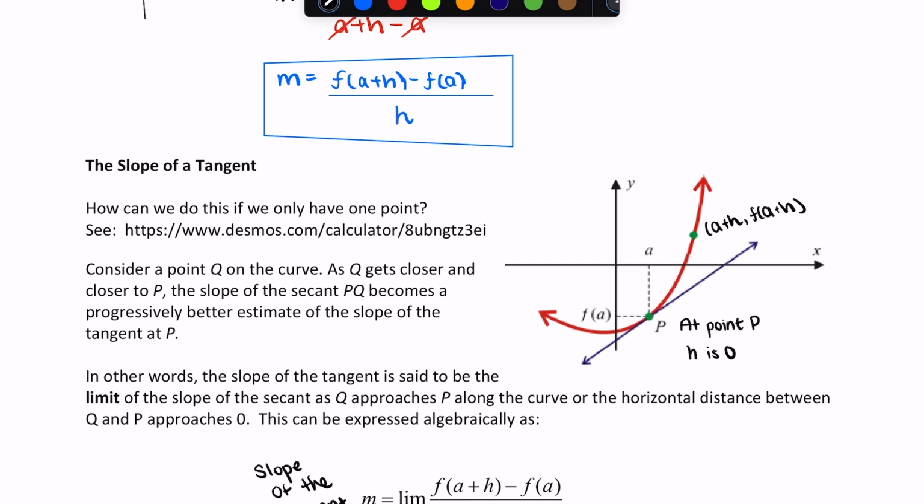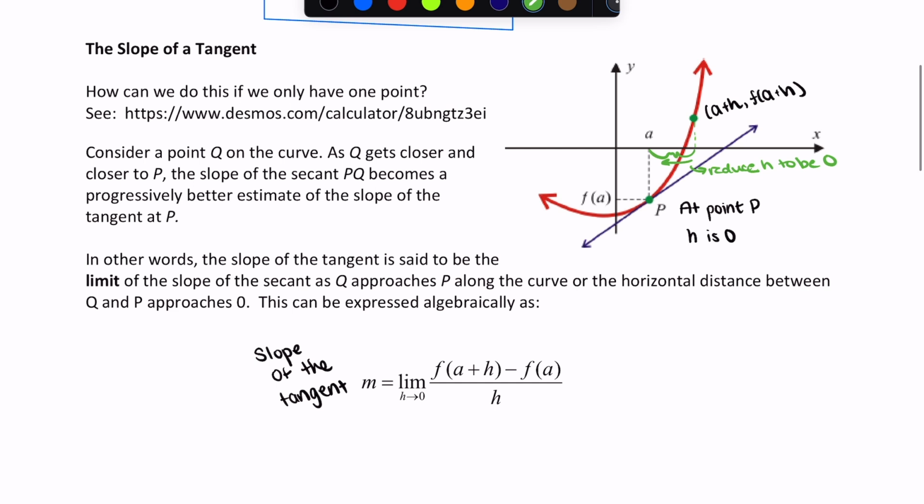And here, what we're doing is, again, we're trying to reduce it so that h gets closest to 0. So as we move it over and over, it gets closer and closer to 0. So here, what we're trying to do is reduce h to be 0.